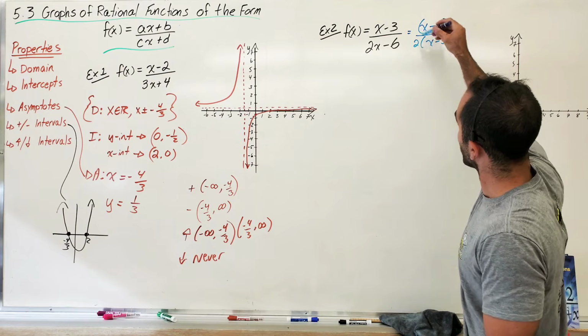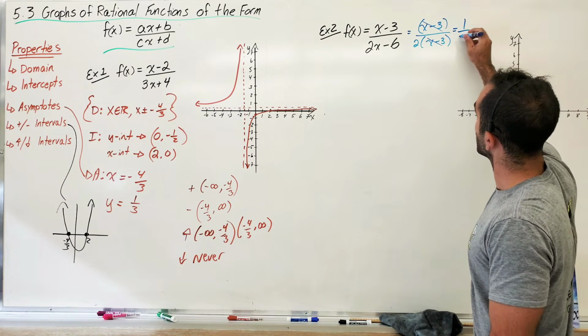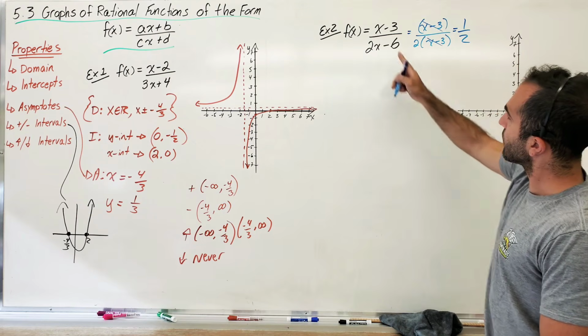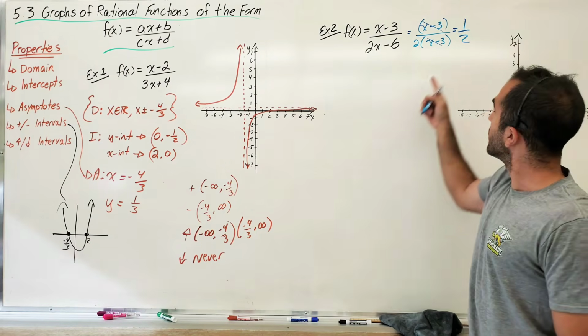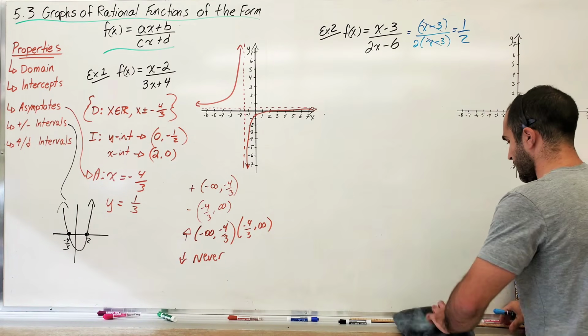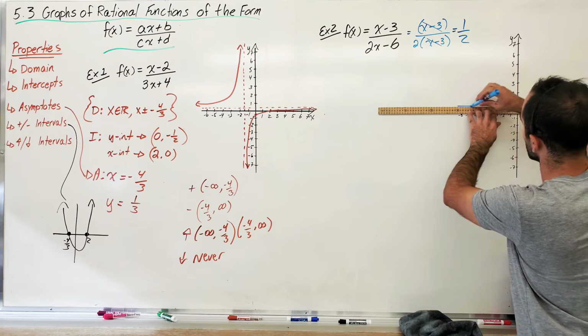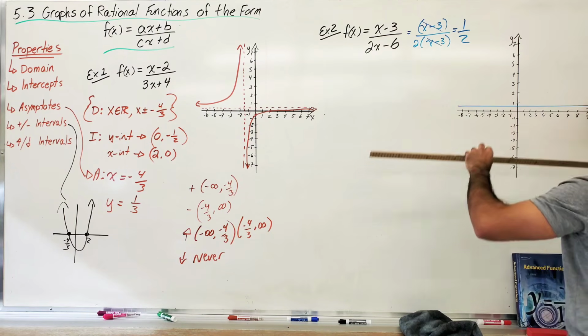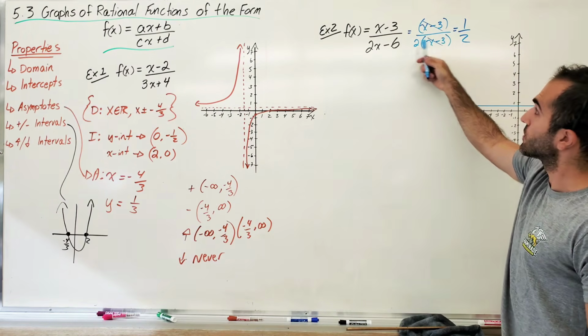But look what happens here. I can kind of simplify this, right? These cancel out. These are factors. This just equals 1/2. So this function and this function are the same. 1/2 is just a horizontal line. Horizontal line at 1/2. That's a grade 9 question. What's the only difference here? Well, you have to consider the restrictions everywhere.